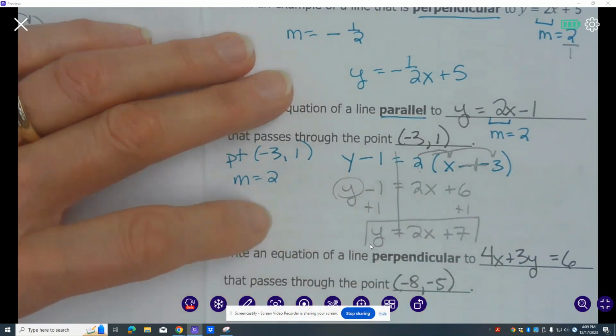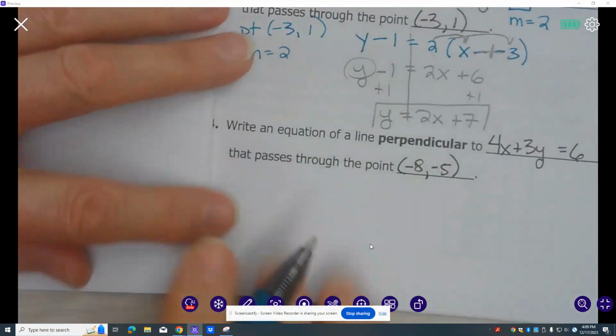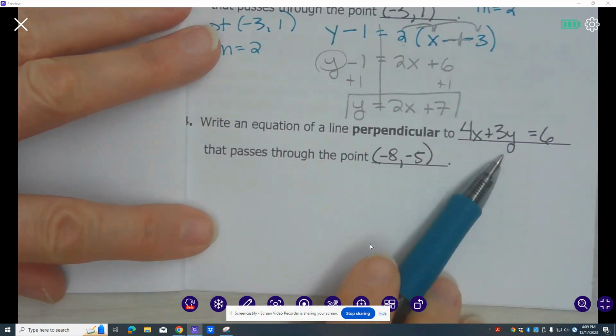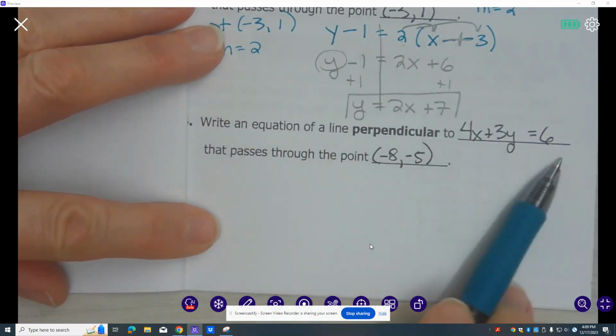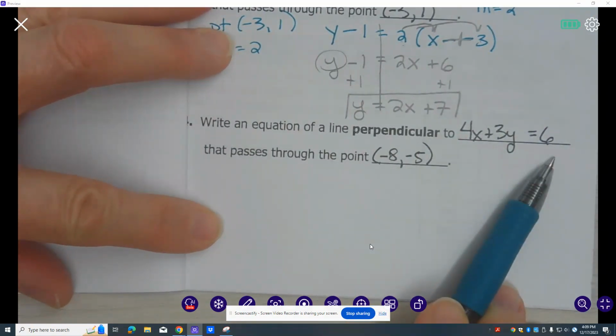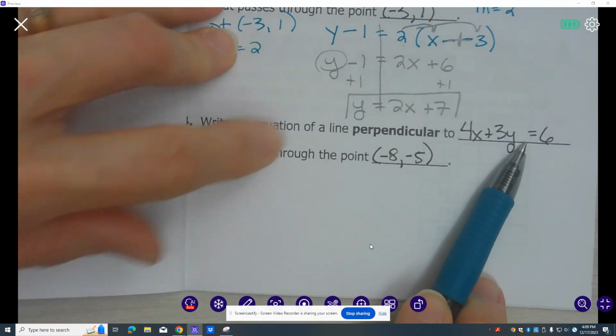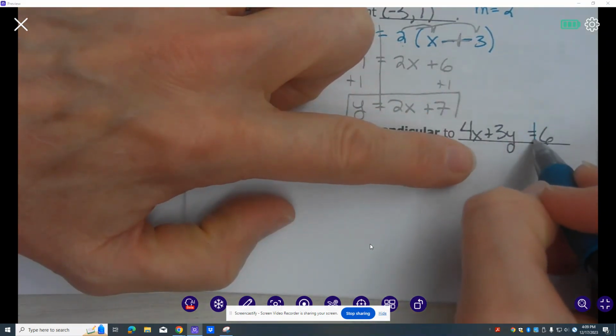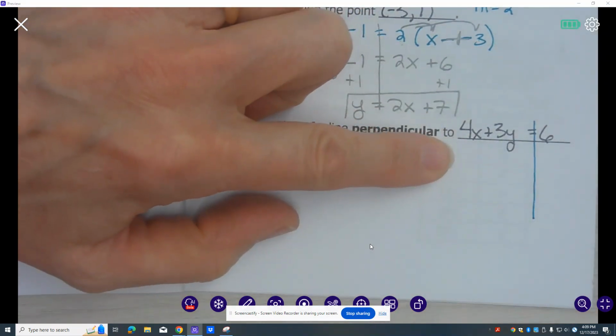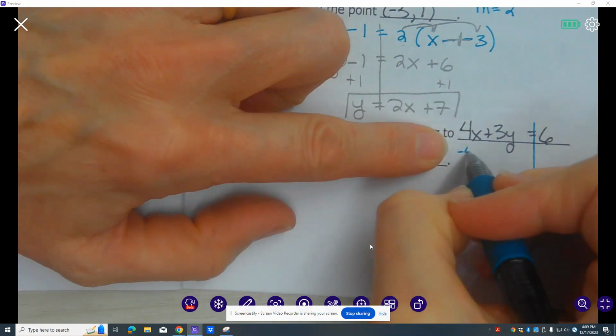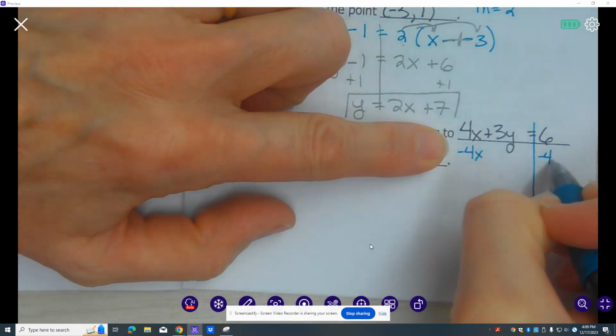Okay. Now the next example says write an equation of a line perpendicular to this line. Well, the first thing I notice is this line is not in slope-intercept form. Y is not by itself. So before I find the slope of this line, I need to solve for y or get y by itself. So I'm going to begin by subtracting 4x from both sides.